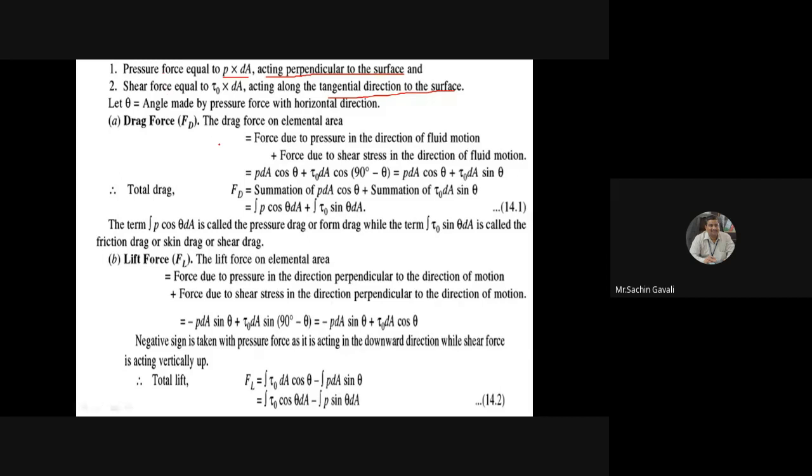Drag force means the force which is acting in the direction of flow. So it is the force due to pressure in the direction of fluid motion plus the force due to shear stress in the direction of fluid motion.